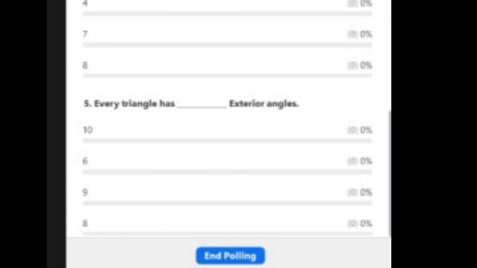I want more children. Yes, very good. Now press the submit button, the blue button.